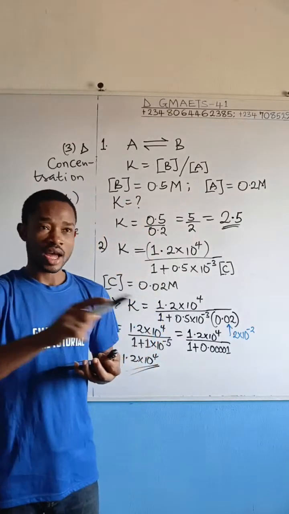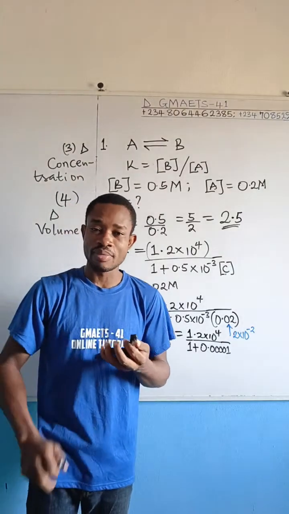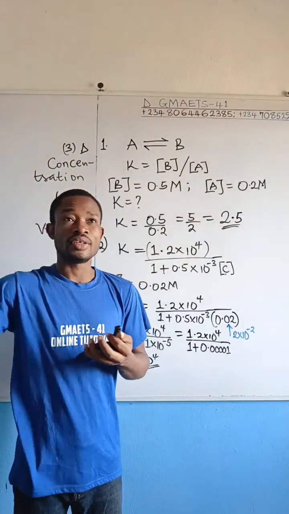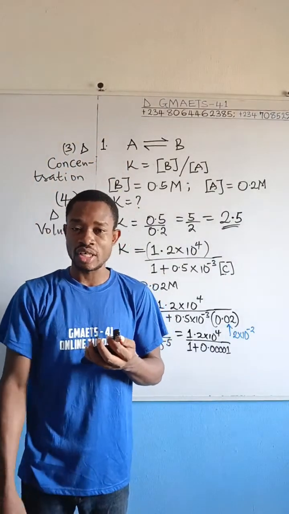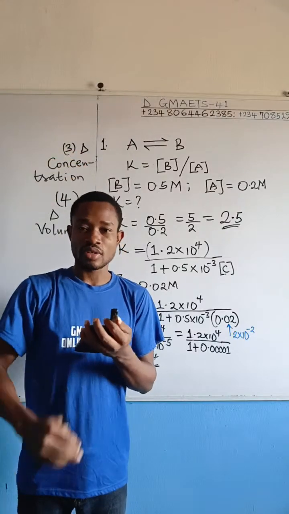The graph goes this way, you must have seen it before, and that height is called the activation energy. So a catalyst can either increase it or reduce it.